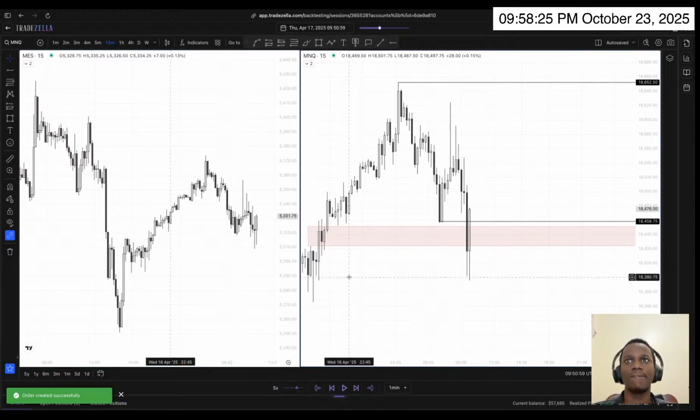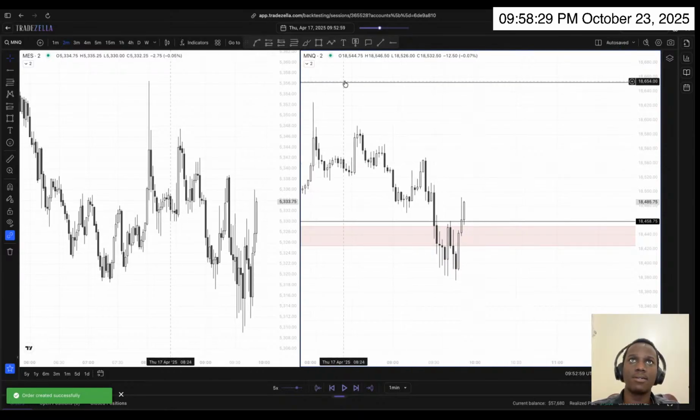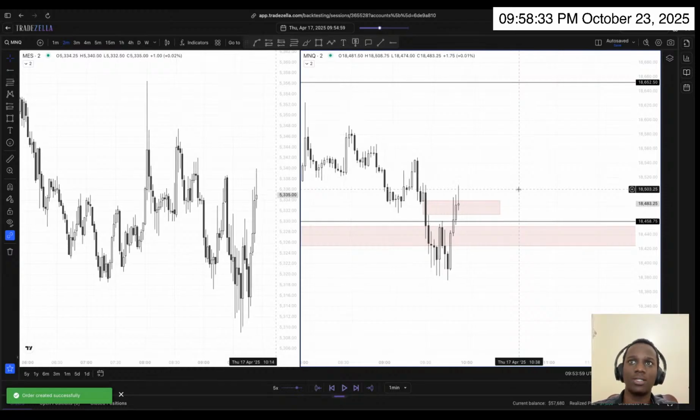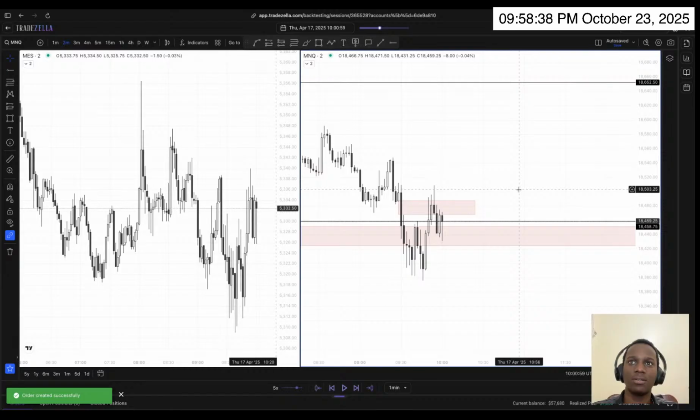This over here. Remember that this is the first presented fair value gap, should be closed by the trigger now. If it continues higher.